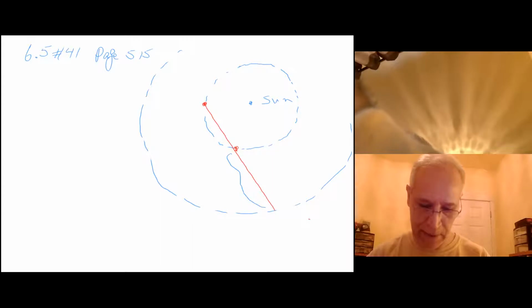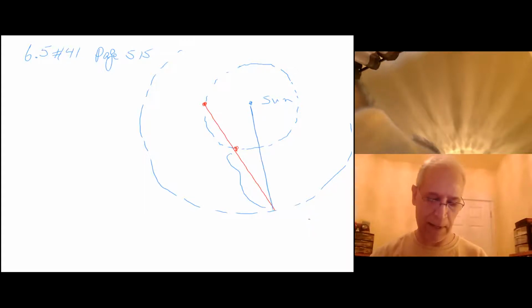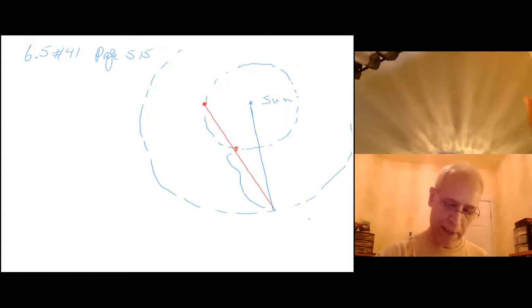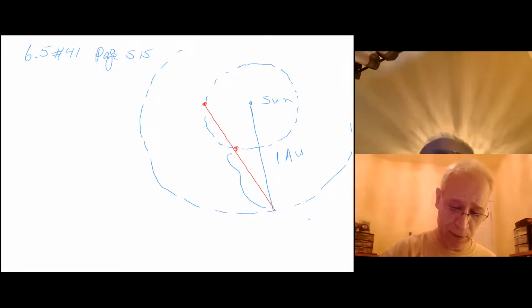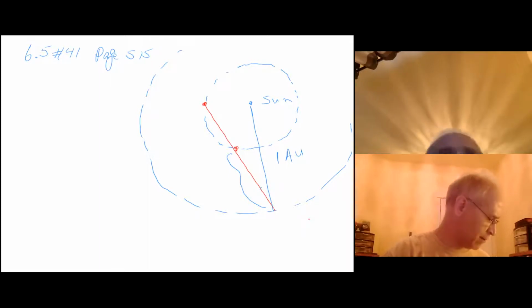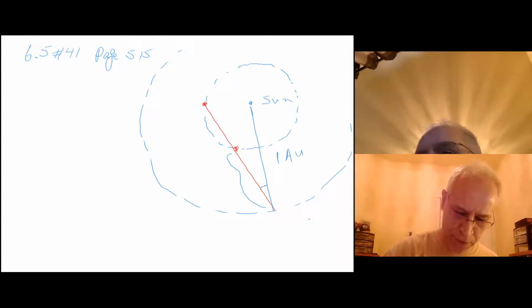It's given that the distance between the sun and Earth is 1 astronomical unit. What else is given to us? It's also given that this angle right here is 39.4 degrees.